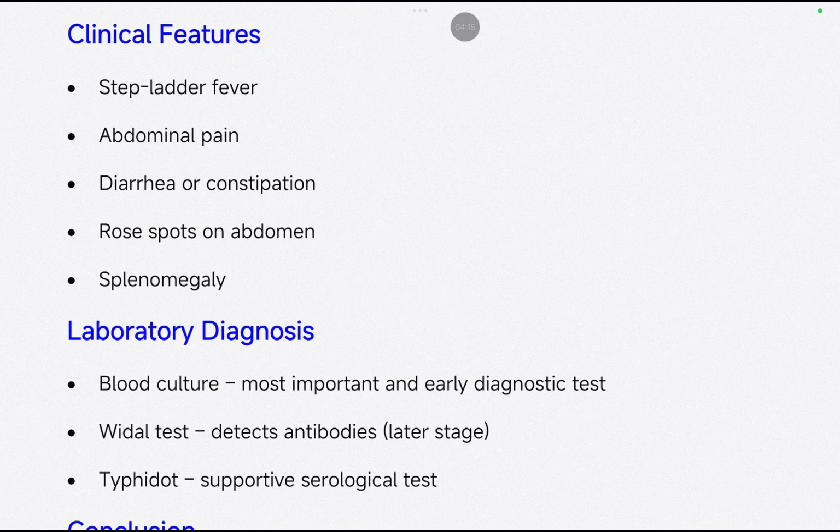And in general, wherever there is a problem in the systemic system, there is diarrhea and constipation. A hallmark feature is that there are sometimes rose-colored spots on the abdomen, which give a clear indication that Salmonella infection has taken place. Also, there is splenomegaly. Since it is attacking the reticuloendothelial system, the spleen would get enlarged.